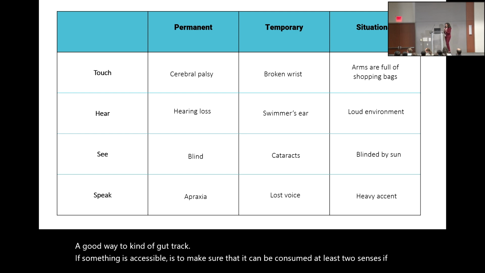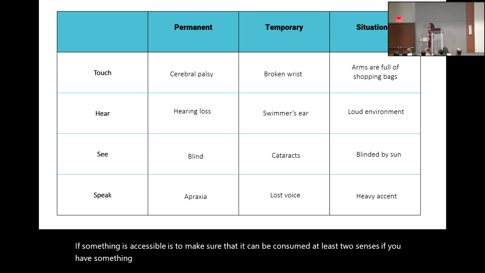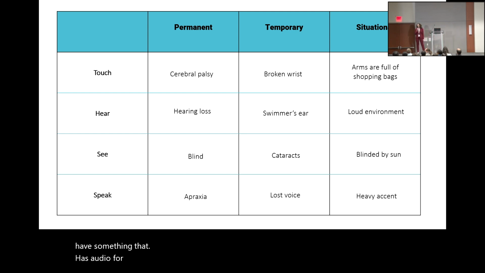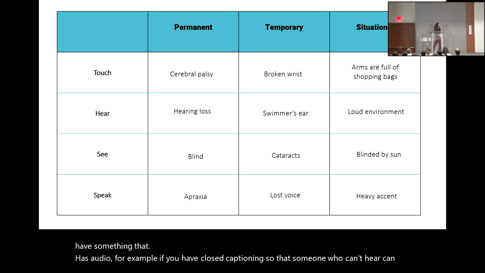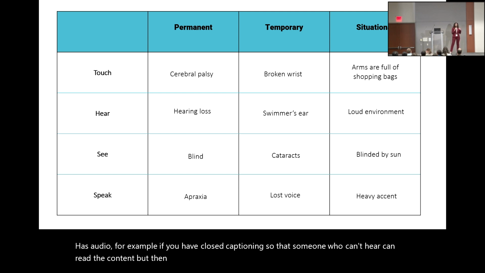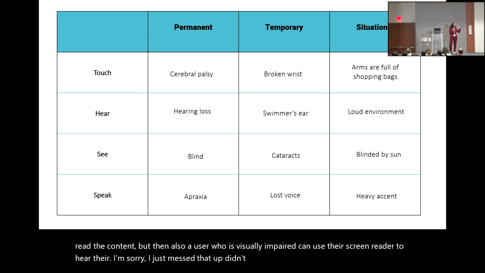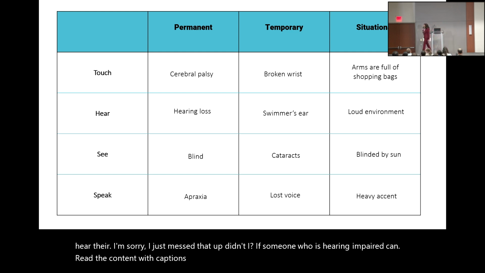If you have something that has audio, for example, closed captioning so that someone who is hearing impaired can read the content, and someone who is blind can hear the content, those are your 2 senses, and you're covered.